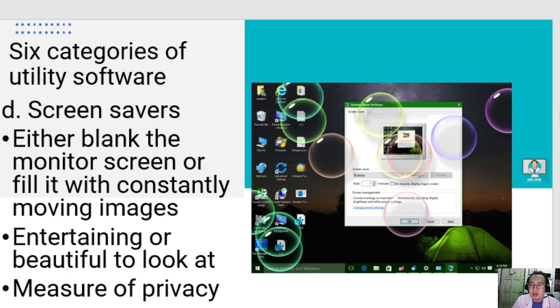Originally developed for old technology screens that would be damaged by having the same image on the screen for a long period of time. So that's one of the functions before of screensavers. Modern computer screens have different technology and don't suffer that risk anymore, that long-standing image that is being flashed.